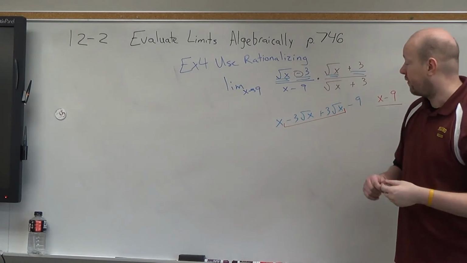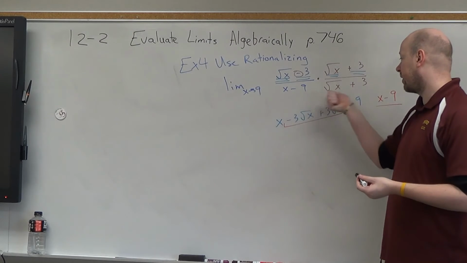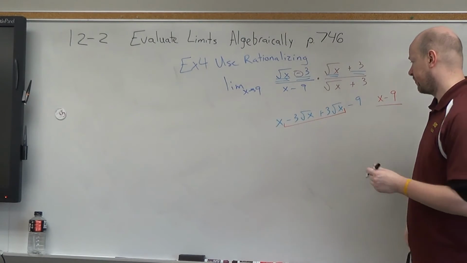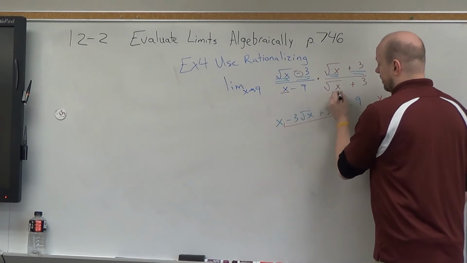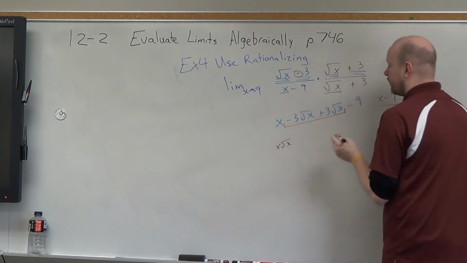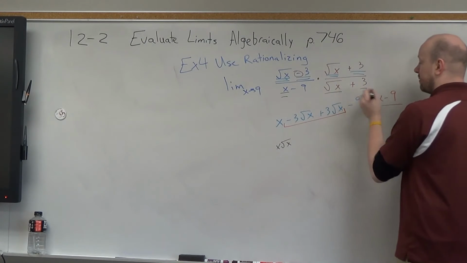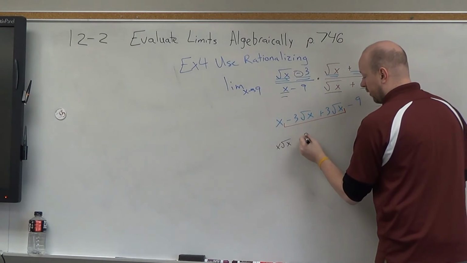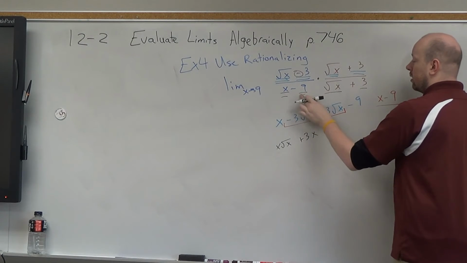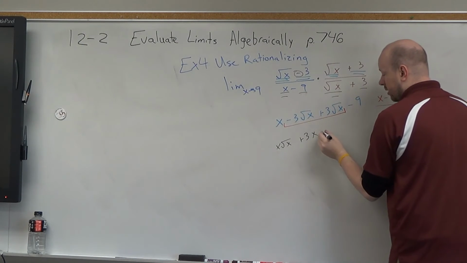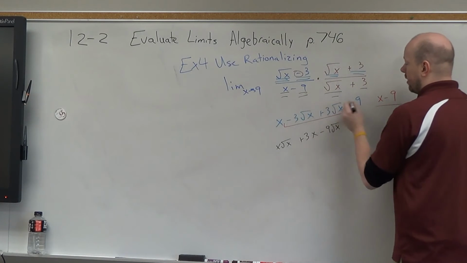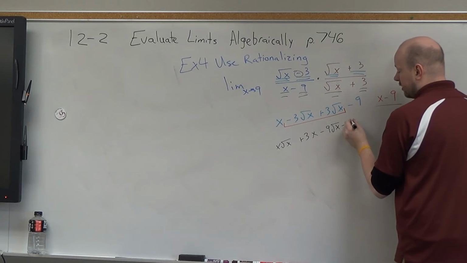Now to the denominator, unfortunately here, because I don't have a radical or a conjugate to multiply that, I'm going to end with a radical, but let's see what happens. So I get x times the square root of x, so x square root of x, x times 3, so 3x, negative 9 times square root of x, so minus 9 square root x, and then negative 9 times 3, so minus 27.